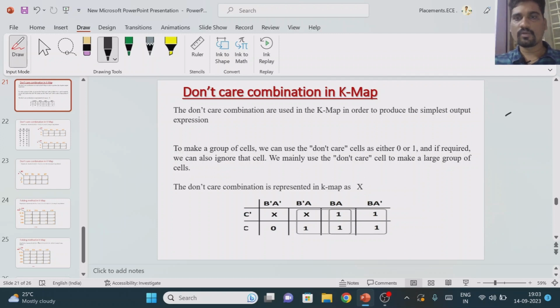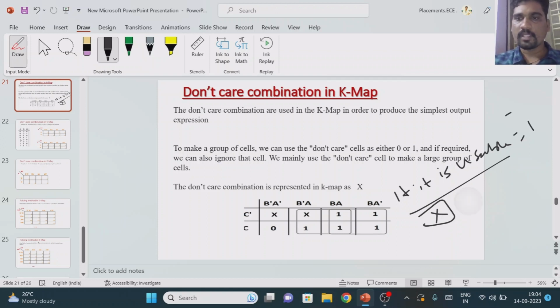If you are using the don't care combination, remember that if it is useful for minimization, then we need to consider it as 1. If you feel that the don't care combination will not be useful, then you omit it. Again I am repeating, guys: if it is helpful for minimization, then you consider it as 1 in the SOP function.